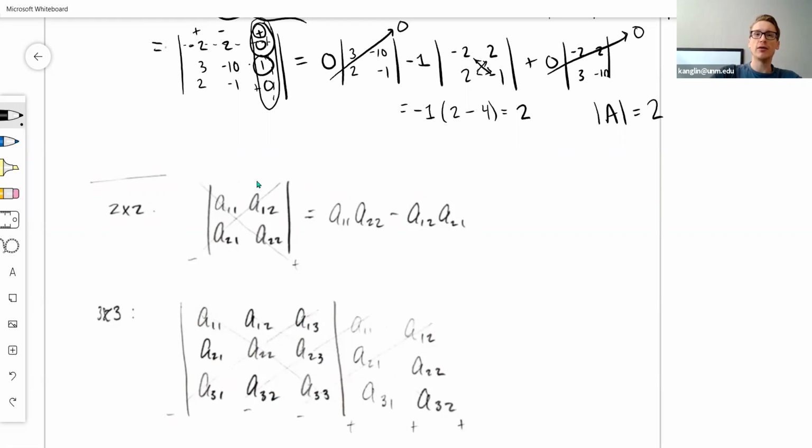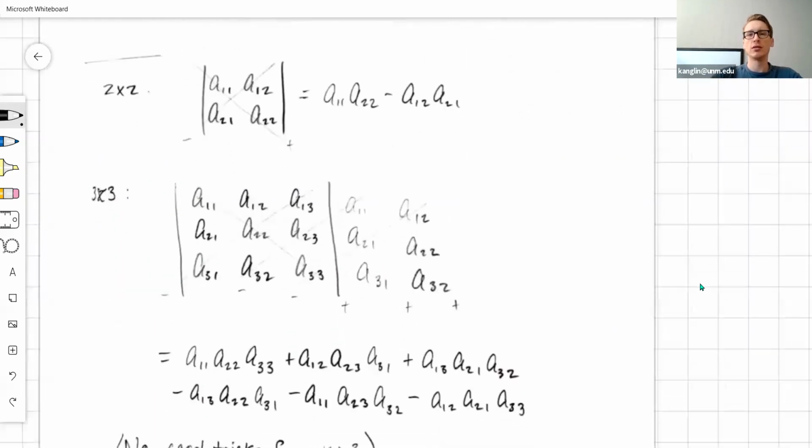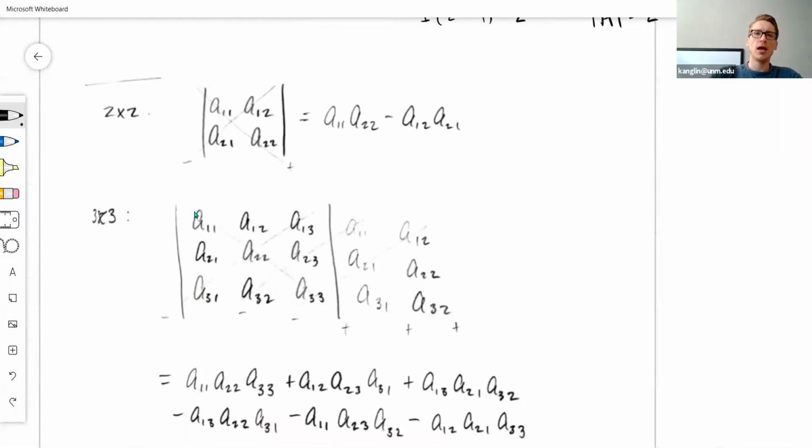Now do the same for your next rightward descending diagonal. Start here, then A23, then A31, multiply those and give those a positive. And A13, A21, A32, multiply all of those and give it a positive. That's taking all the rightward descending diagonals and multiplying them, each with a positive, and taking all the leftward descending diagonals, A13, A22, A31, A11, A23, A32, A12, A21, A33, and attaching a negative after you multiply those corresponding entries. With that pattern, you get an exact expression for the determinant without having to go through all the minors and cofactors. So A11, A22, A33 with a positive. A12, A23, A31 with a positive.